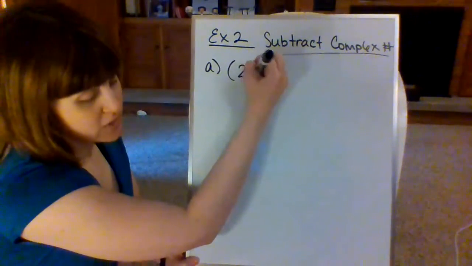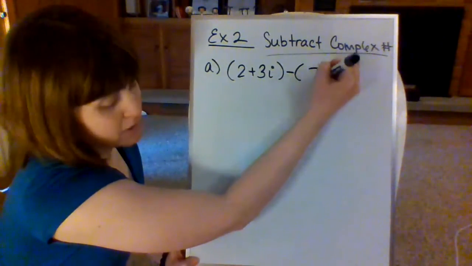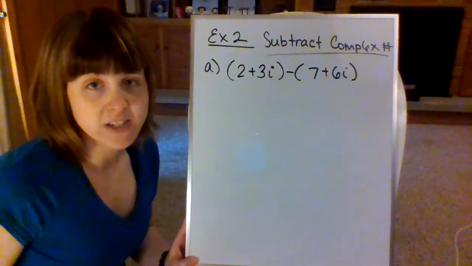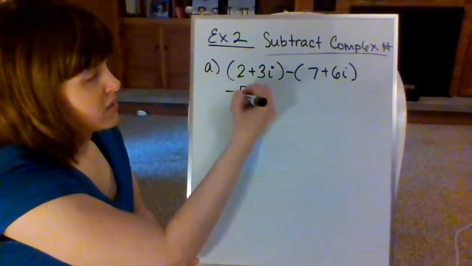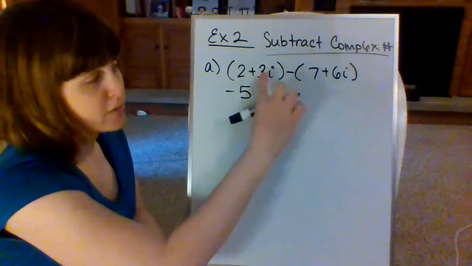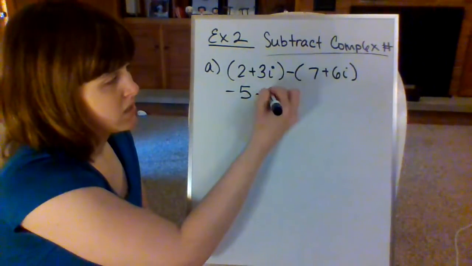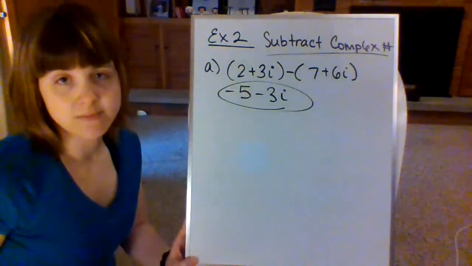The first one is 2 plus 3i minus 7 plus 6i. So 2 minus 7 is negative 5. And 3i minus 6i, so 3 minus 6 is negative 3i. Okay, so that's the answer.